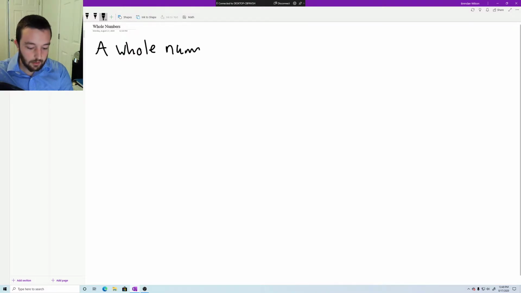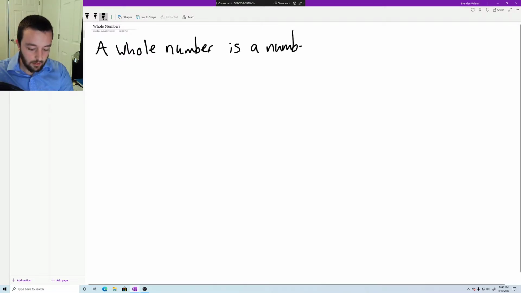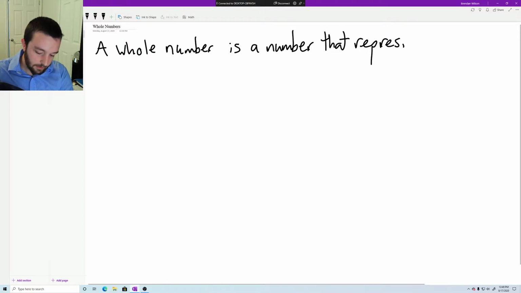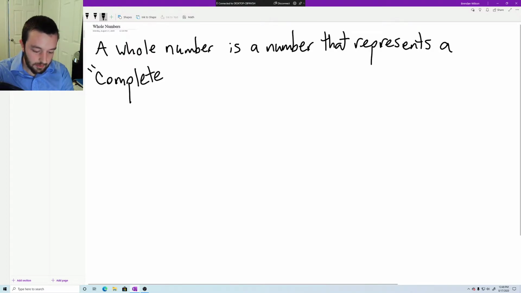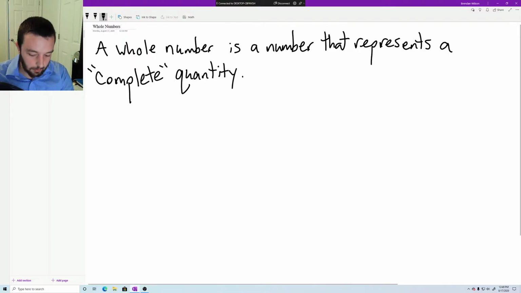A whole number is a number that represents, let's say, a "complete" quantity. I put this in quotes because what I mean by this, I want to say like a whole quantity, but we shouldn't use the word to define the word, right? It's a number that represents a complete quantity.